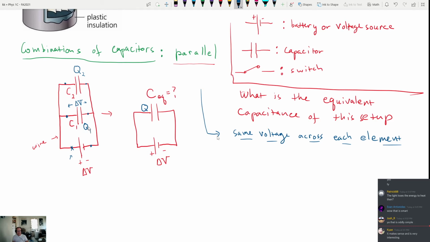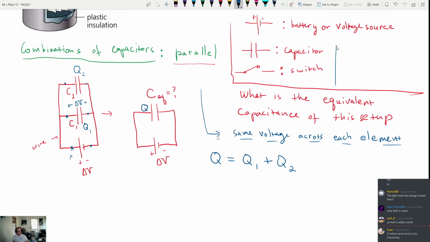The relationship is that if I combine these two capacitors together, one having a charge Q2 and the other having a charge Q1, the total charge Q should be the sum of Q1 plus Q2. That is to say, we can't have the charge vanish from the universe just because we combine them together. The total charge contained on this object has to be the same as the individual charges Q1 plus Q2.